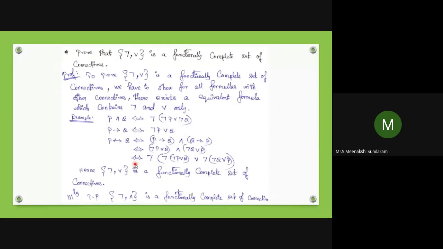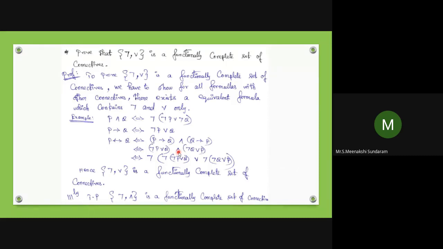P biconditional Q. We know the formula: P implies Q and Q implies P. Then in the next step, P implies Q can be written as negation P disjunction Q, conjunction, negation Q disjunction P. Again, we have to change this conjunction. How to change the conjunction? Already we proved the first one.